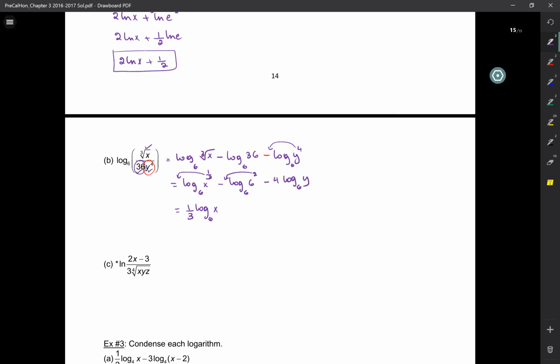All right, now what is this going to turn into? Well, it's going to be 2 times 1 minus 2 minus 4 log base 6 of y.